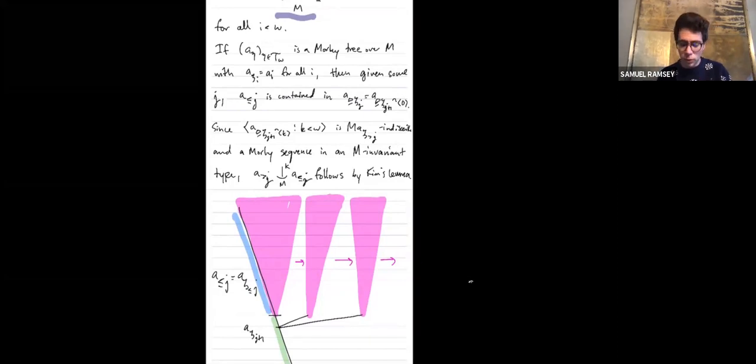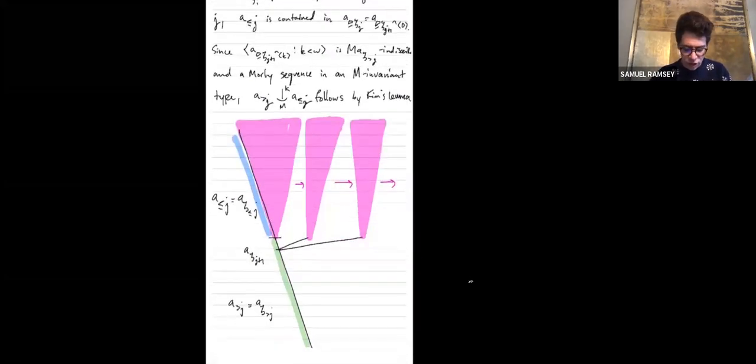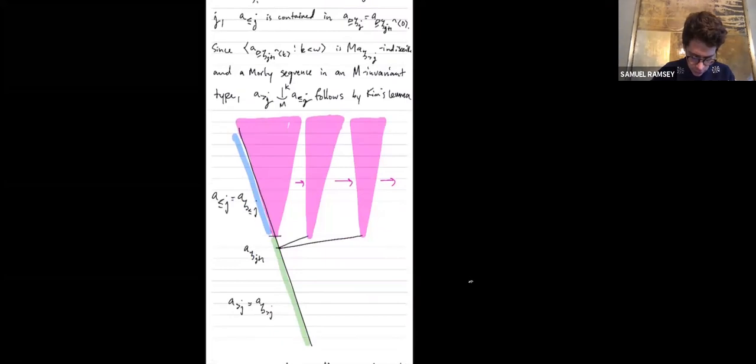So I've drawn this in this picture here. If you fix this j, right here, then the thing in blue will be a_{≤j}, because that corresponds to a_{ζ_{≤j}}. And that's contained, of course, in this first cone that I see, because it's the part of the all zeros path that's in that cone.